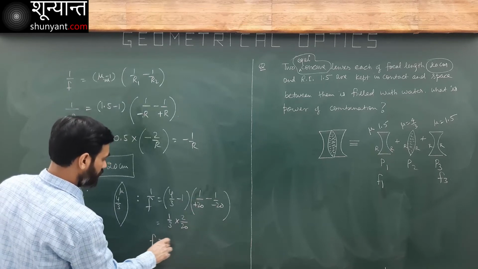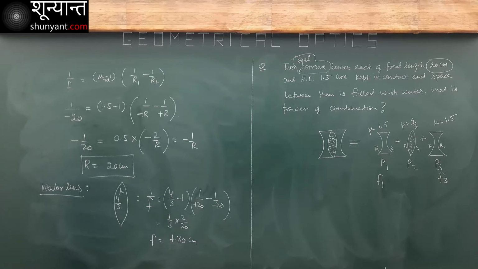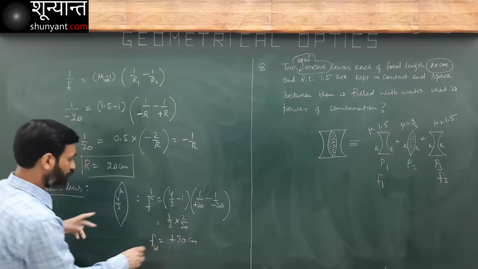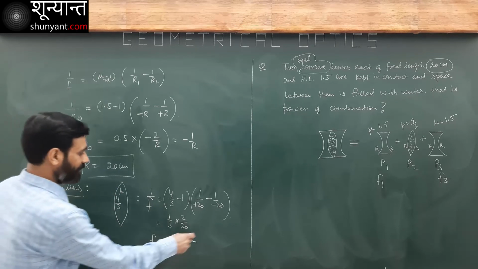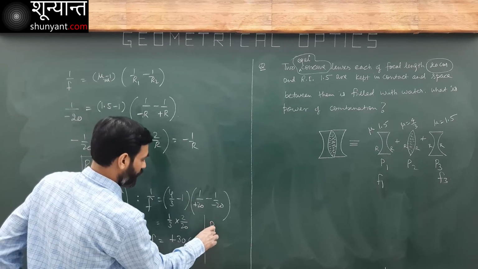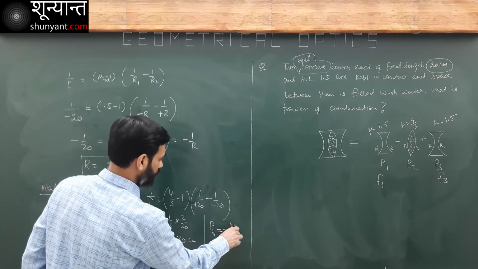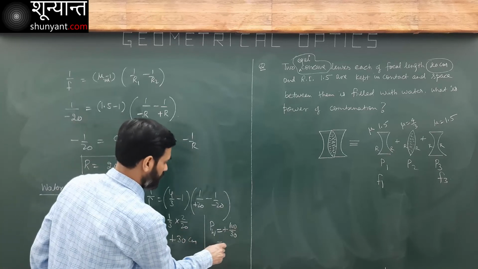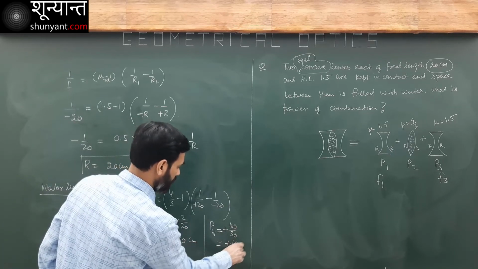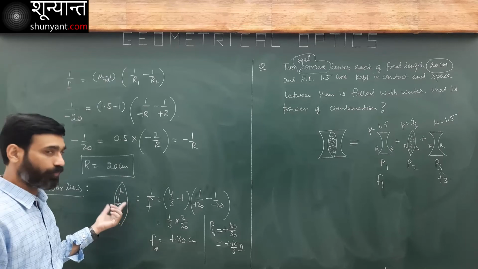So the focal length of the water lens becomes plus 30 centimeter. So what is the power? The power of the water lens is plus 100 over 30, that is plus 10 by 3 diopter. This is the power of this water lens only.